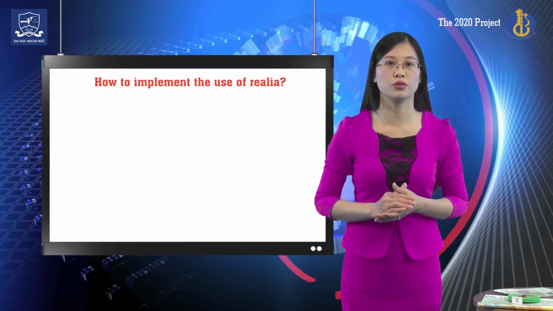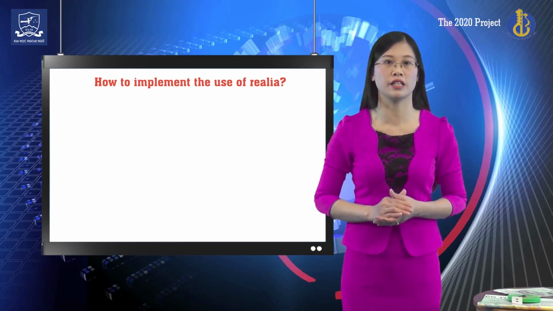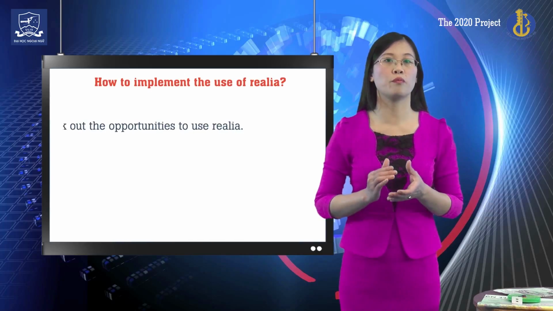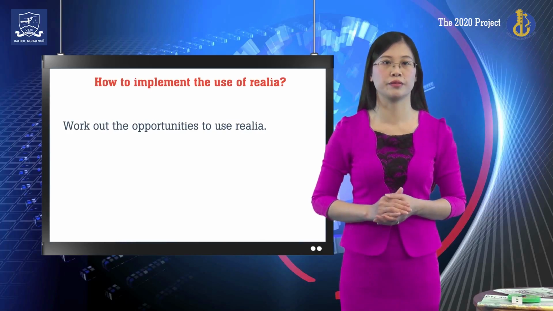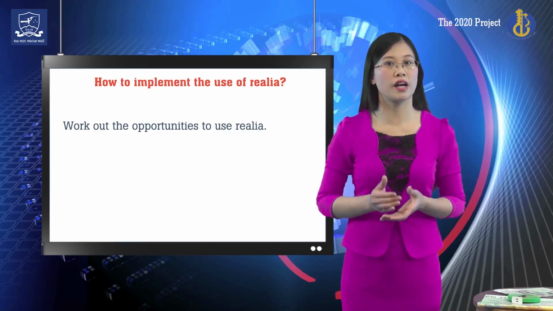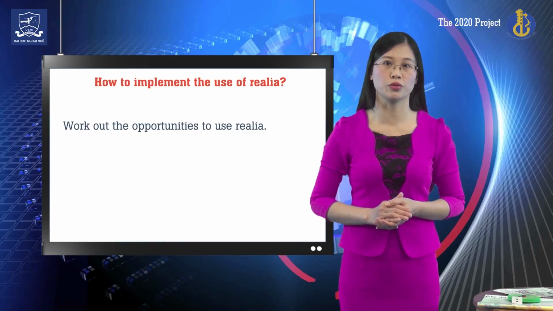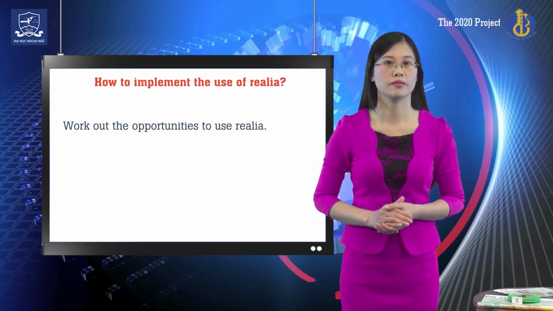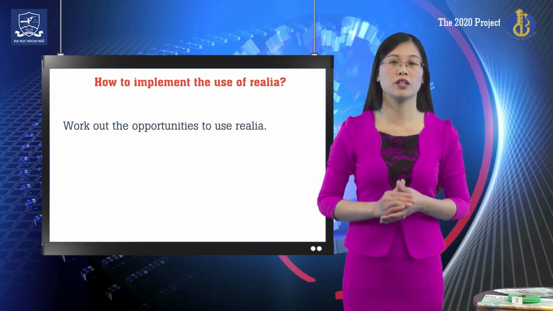Here are ways for you to implement the use of realia. First, work out the opportunities to use realia. You need to decide on what objects to use and why you use them in the lesson. This should be noted in your lesson plan.